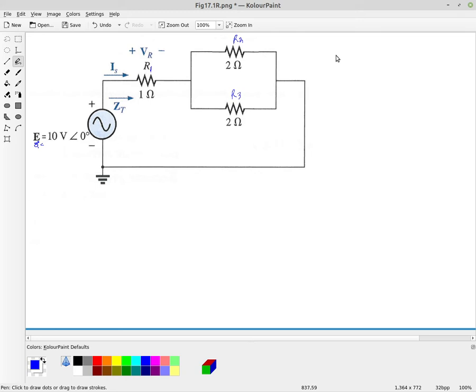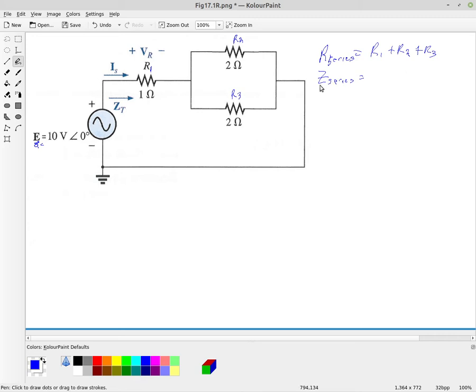So now when we're talking AC circuits, we talk about impedances. In the DC circuit, we had the series resistance was just the sum of all resistors in series. And for AC, when we talk about impedances, it's exactly the same.